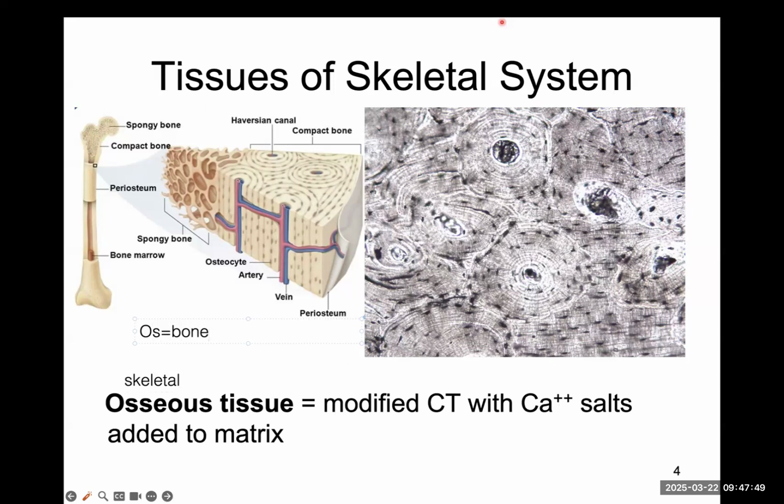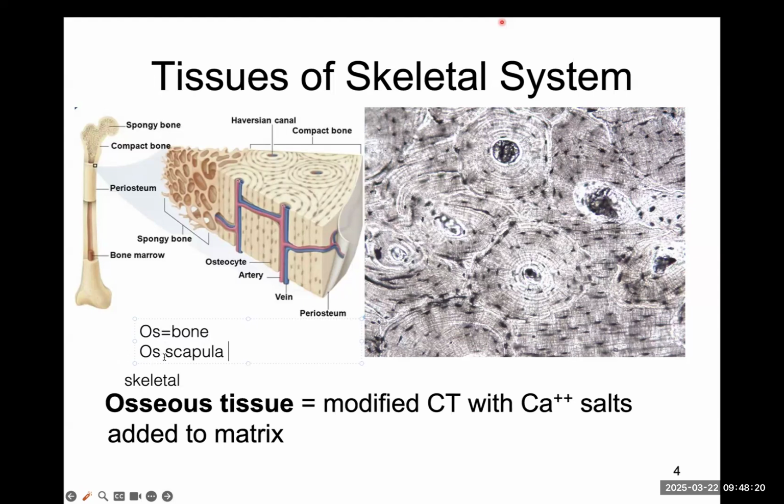For example, your shoulder blade is called the scapula, and they'll call it os scapula, meaning scapula bone. If we want to say hip bone, it's coxa, so we say os coxa. Os just means bone.